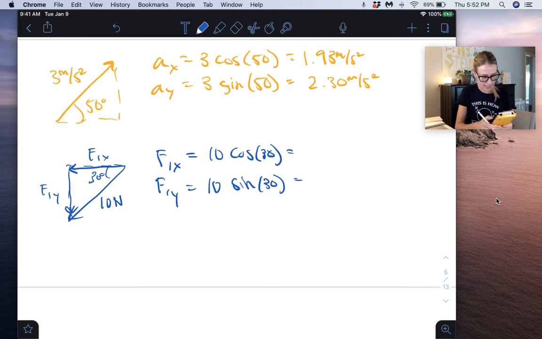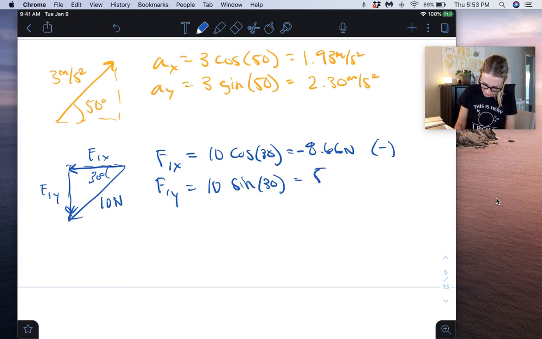So 10 times cosine of 30 is 8.66 newtons. Because that's negative, I either want to put a negative in front of that, or make a note that this is a negative number, because it's pointed in the negative direction. And 10 times the sine of 30 is, of course, 5 newtons. Again, that's downward, so this is also a negative number.